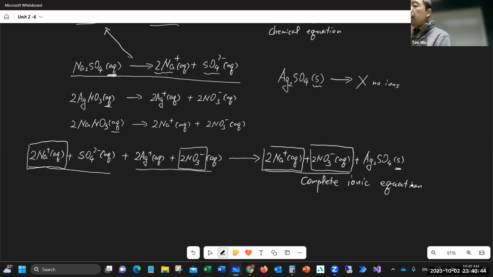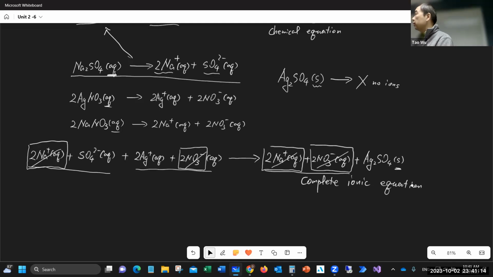And also when we learn math, if you have an equation where both sides have the same thing, what do you do? You cancel it, right? This is the same thing for the complete ionic equation. You just cancel it. In other words, these are not really doing anything in these reactions.